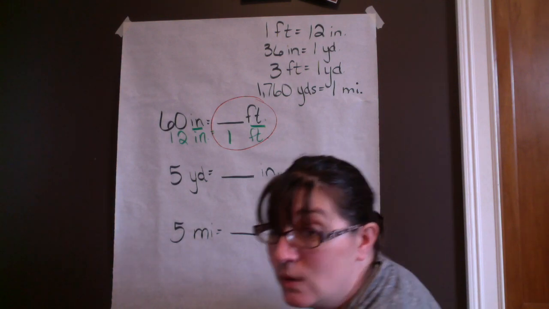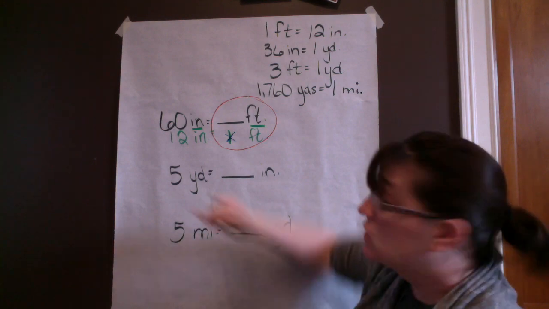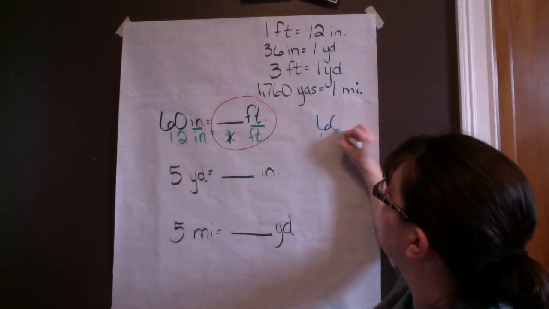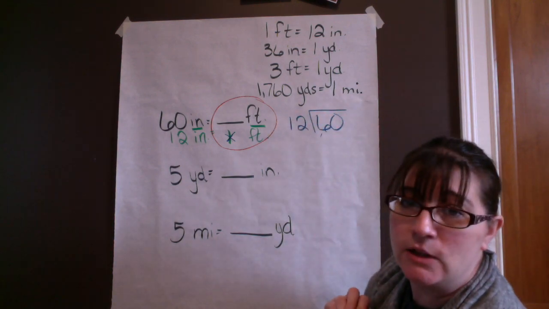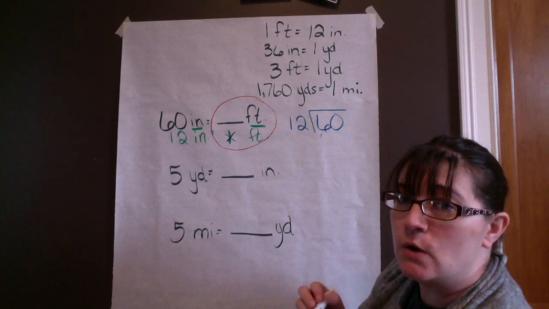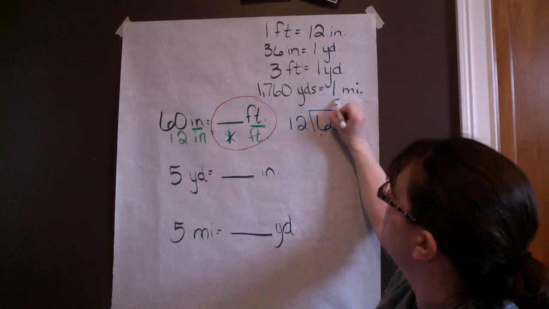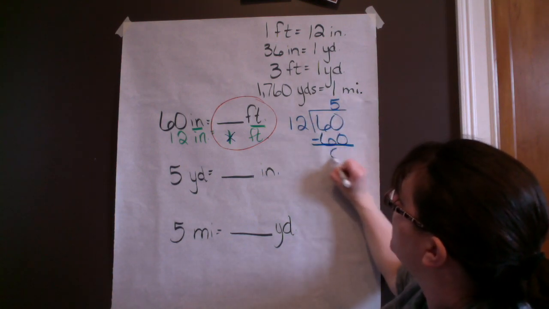When I am doing measurement conversions, I never use the number 1. So I'm going to divide these two right here. So 60 divided by 12. So 12 times what gets me close to 60 without going over? 5. 12 times 5 is 60.